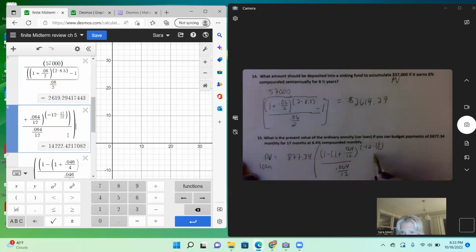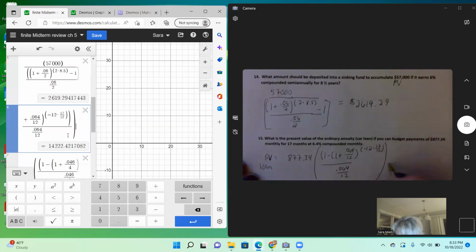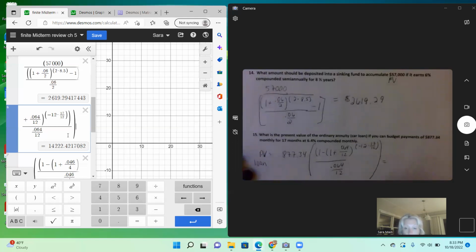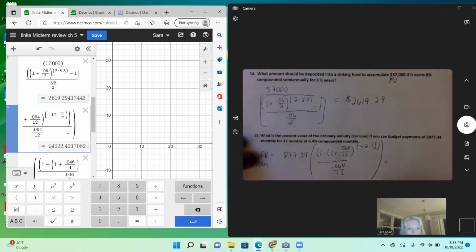So notice that up here. So the loan amount we can afford, and that's including interest, right? That would be $14,222.42.